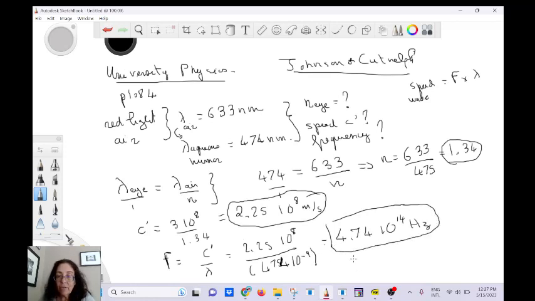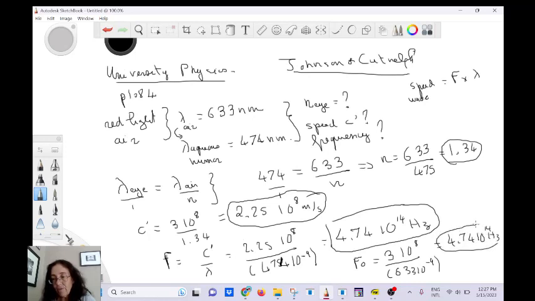Now, if you look at the frequency in air of the same beam of red light, it's going to be 3 times 10 to the 8, and now I have a wavelength of 633 times 10 to the negative 9. And you also get 4.74 times 10 to the 14 hertz.